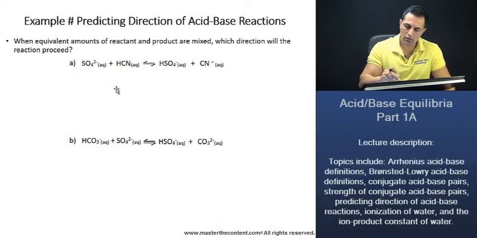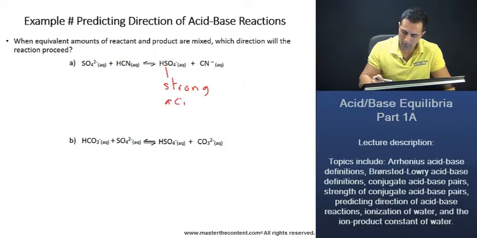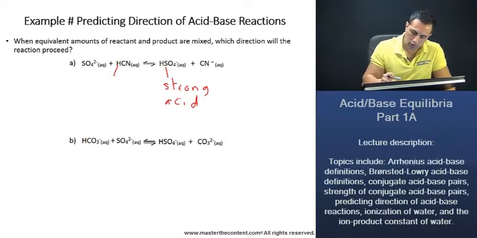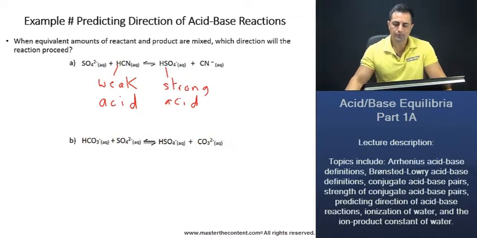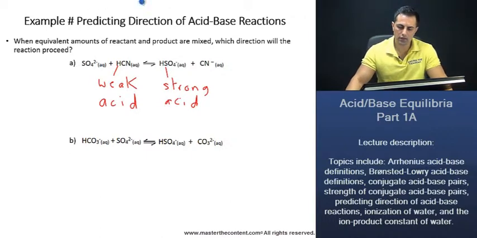So because it's our stronger acid, we can go ahead and write that in. This here is going to be our strong acid, and this here is going to be our weak acid.